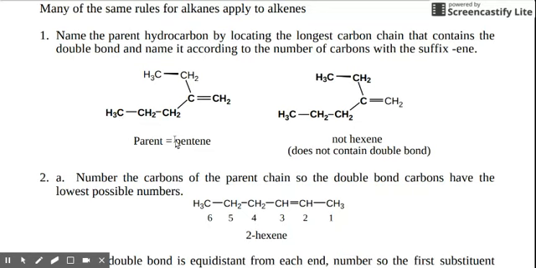You'll know later on that you need to indicate what carbon the double bond is located using the smaller number. So between 1 and 2, you use 1 because it's of lower value, and so the complete name for this is 1-pentene. So take note, you number it from where your double bond is located and then find the longest continuous chain. Okay, so that is step number 1.